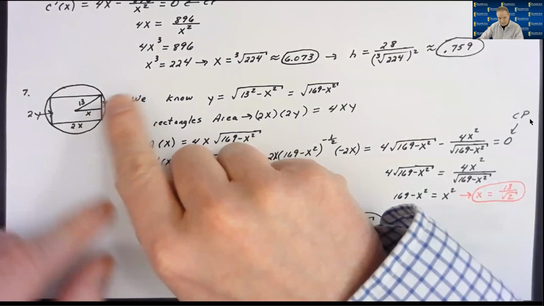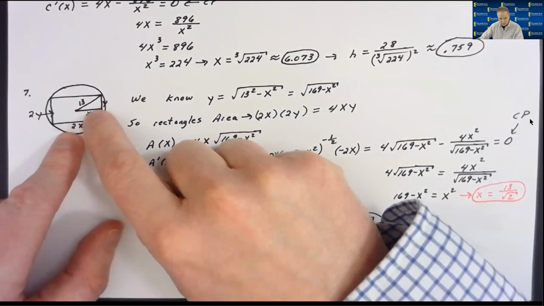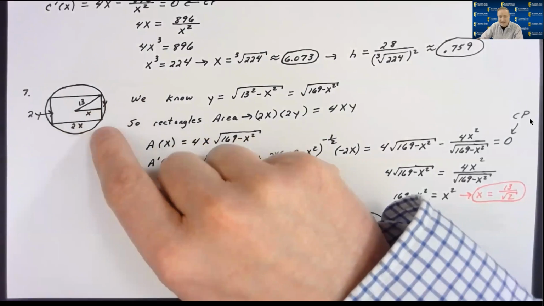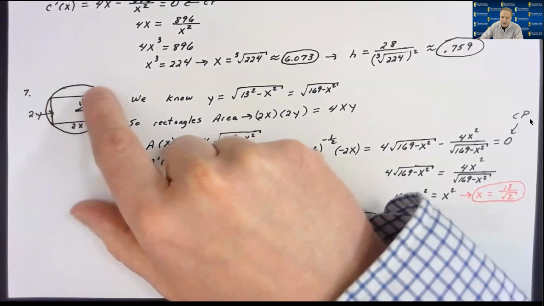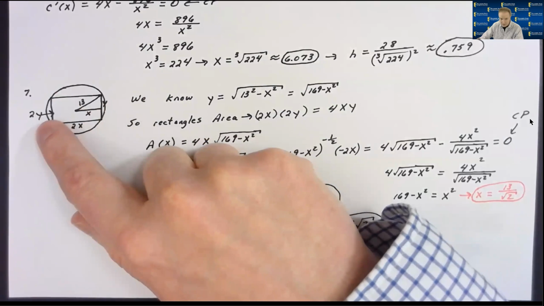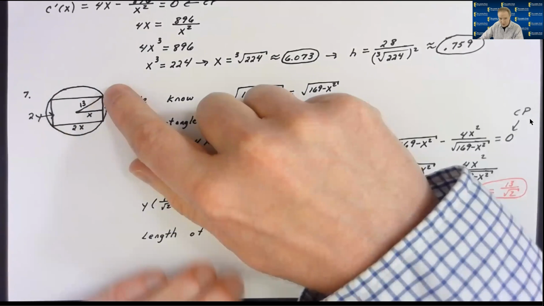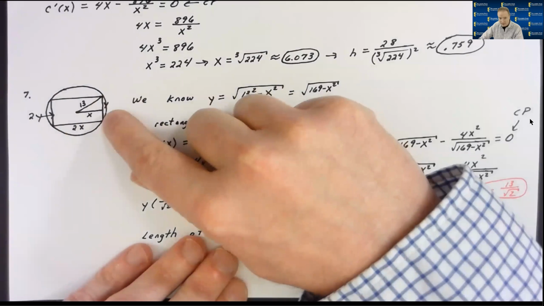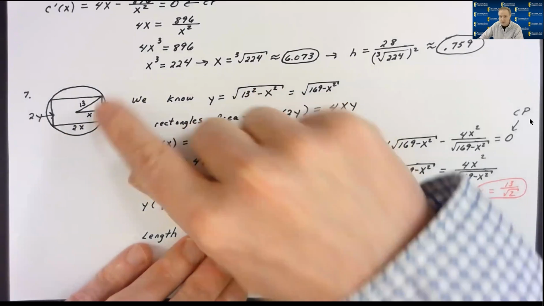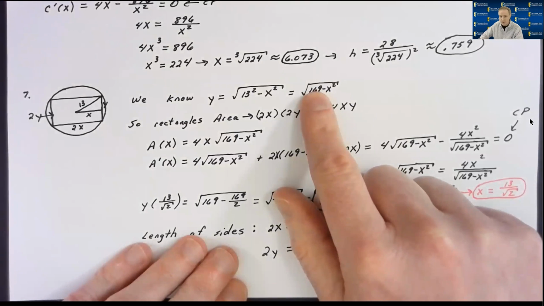Now, with that in mind, I'm just going to call the horizontal side of the triangle x, then I can say, well, the area of that rectangle, if I'm going to call this x, then the base of the rectangle would be 2x. And if I call the height of my triangle y, then the height of my rectangle is going to be 2y, or in other words, 2 times this square root.